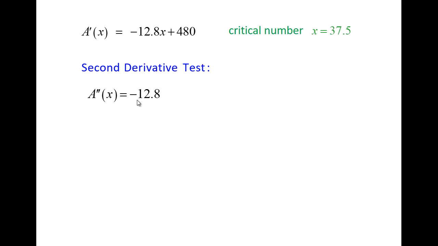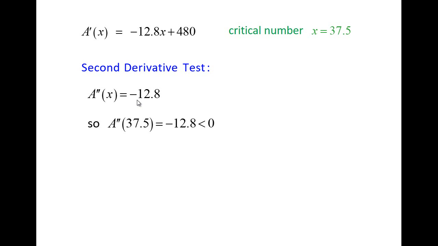So now here's the derivative, here's the critical point, and we now find the second derivative, and the second derivative is clearly negative 12.8, and that's negative no matter what x is. So A double prime at 37.5 is negative as well. So the area function is concave down at the critical point.